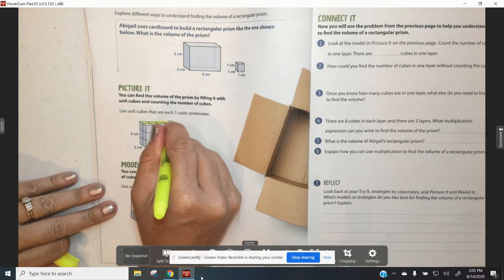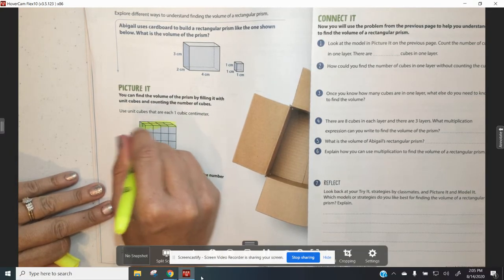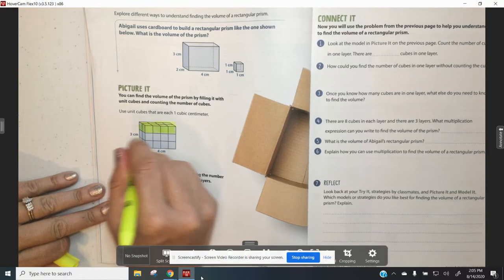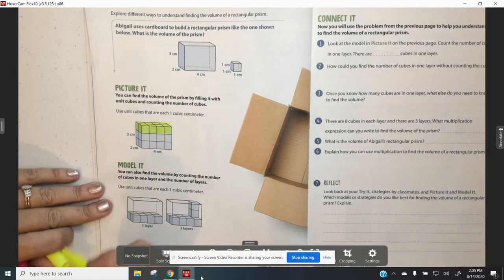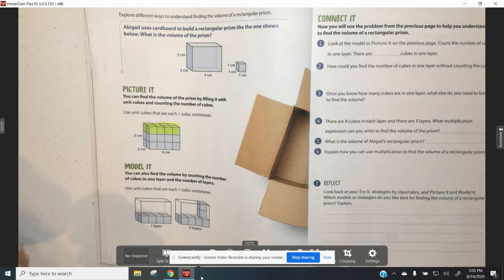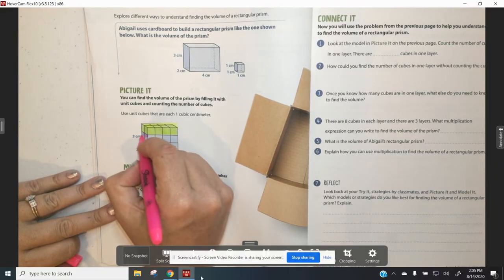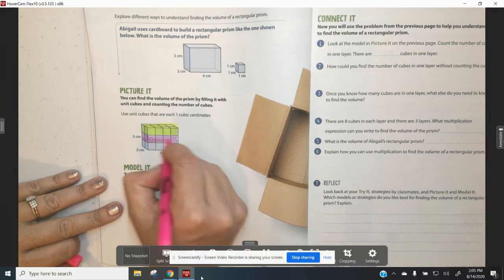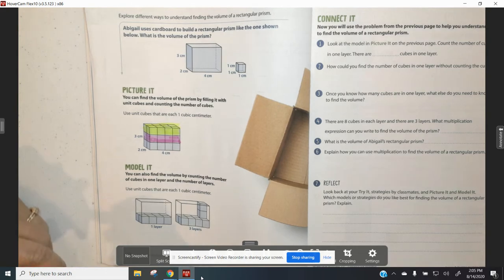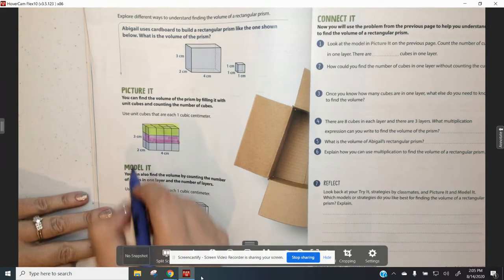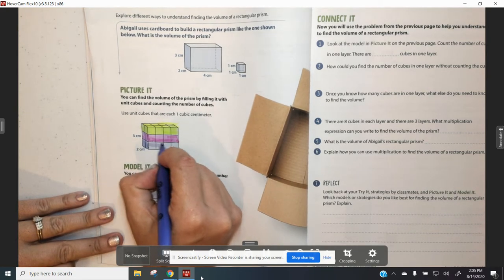And I know that there's 3 layers because the rectangular prism is 3 centimeters tall. So that tells me that there are 3 layers. That's the first layer. That's the second layer. And then finally, the third layer.